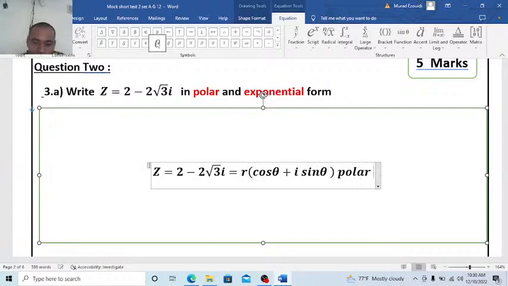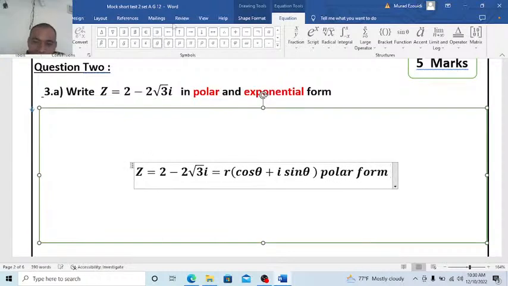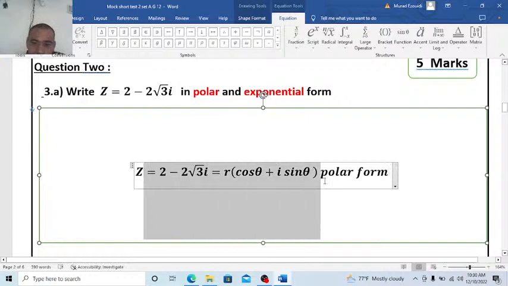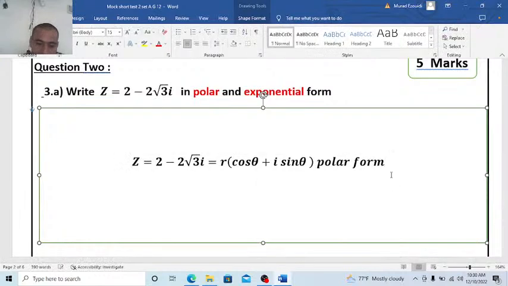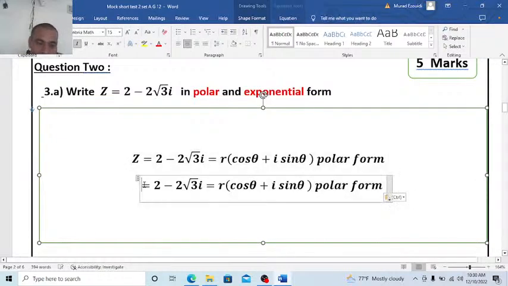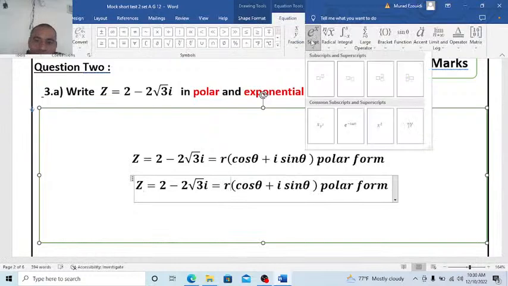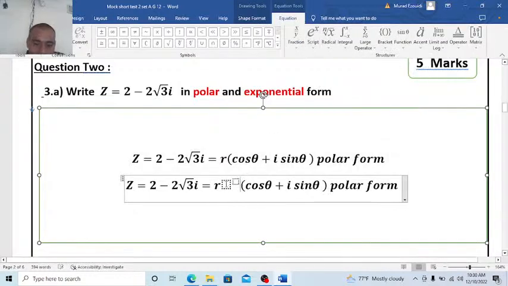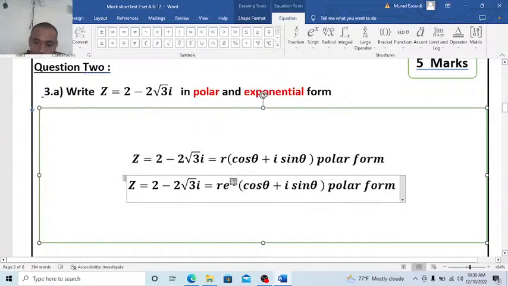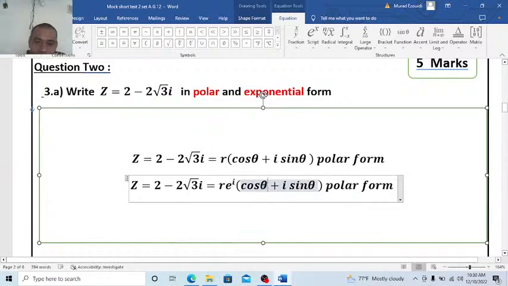The question is looking for you to write this, and also to write this as exponential form. So the exponential form will be equal to r exponential i theta. That's how we can solve this question.